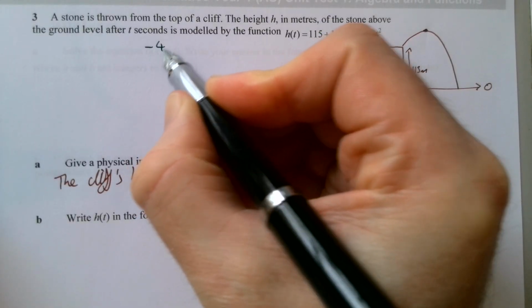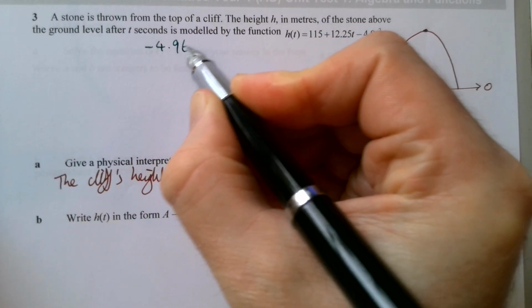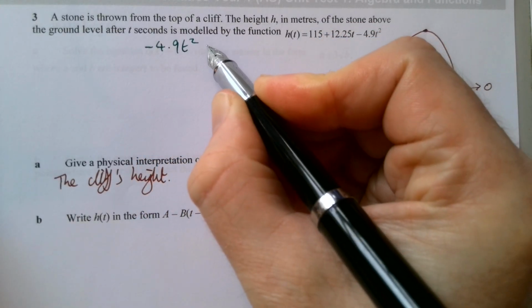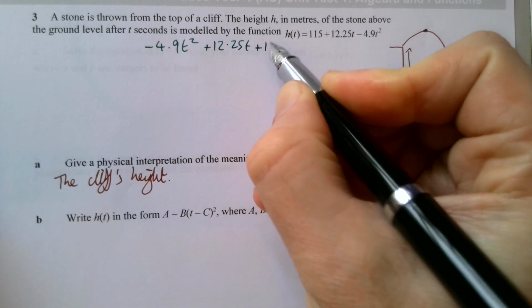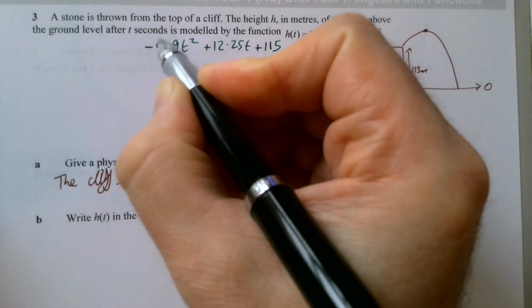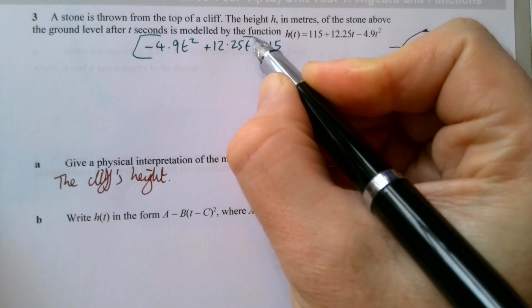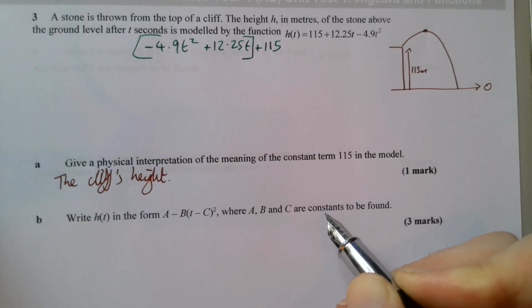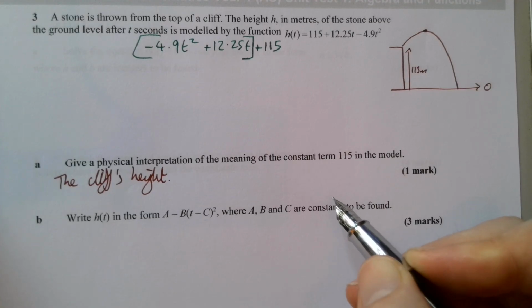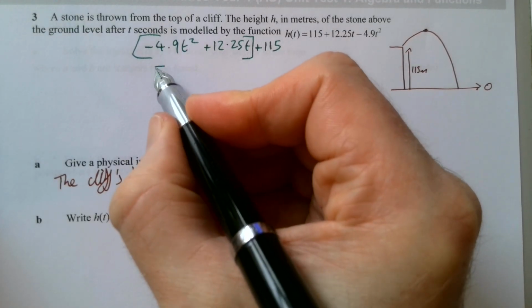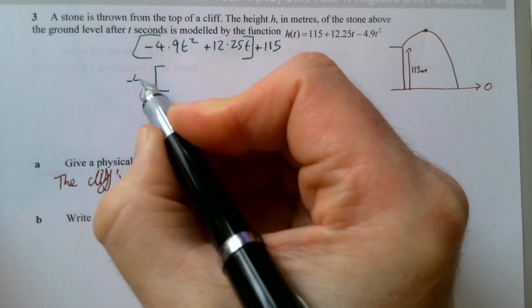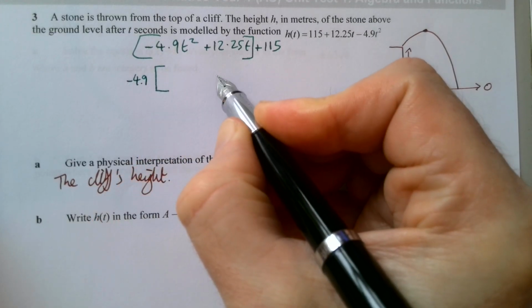I would put it the way I'm used to seeing it. So with t squared first, then with t's, and then the normal number. And I'm going to put a big square bracket around the terms involving t. And then because we've got a coefficient of t squared, we're actually going to take that outside the square bracket.